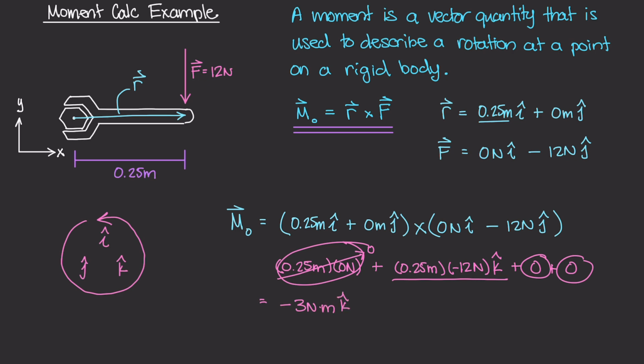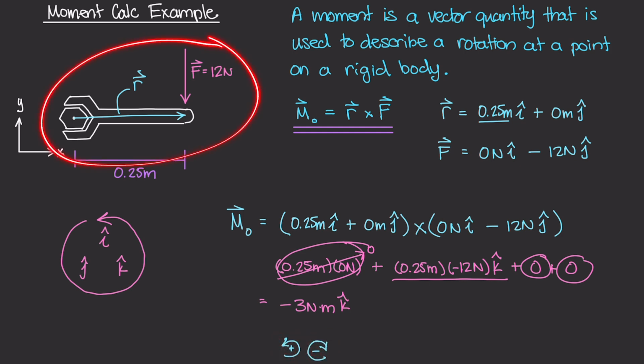Now remember, in previous videos, I said that for most cases in at least this course, the counterclockwise direction is going to be positive and the clockwise direction is going to be negative. So because this value is negative, we can see that the moment is acting in this direction and not this direction. And that makes sense.